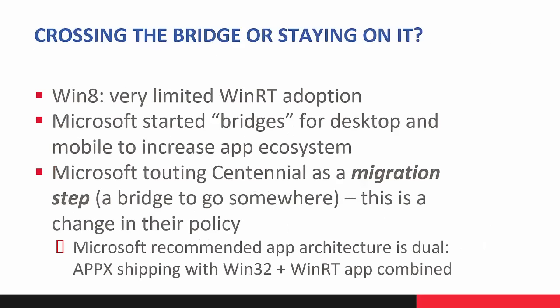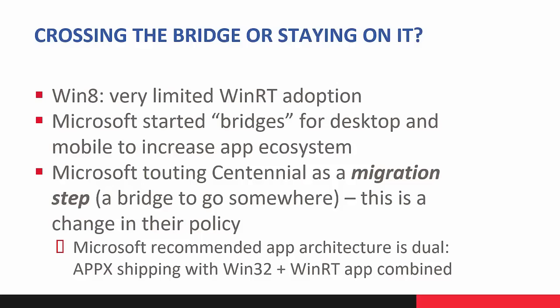Now, there's one final thing I wanted to mention. Microsoft started by promoting the bridge as a way to migrate and make your applications available as Universal Windows Platform apps and in the store. Then they changed their focus slightly, indicating that this is a bridge for migration. So eventually you should move the application fully to WinRT.